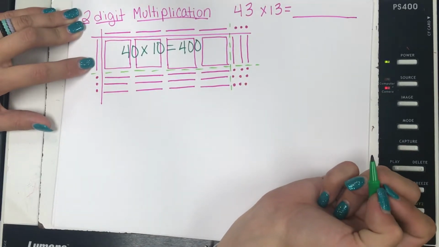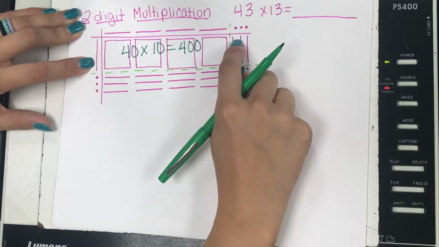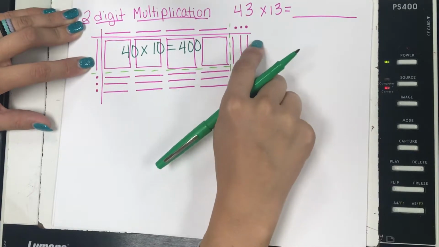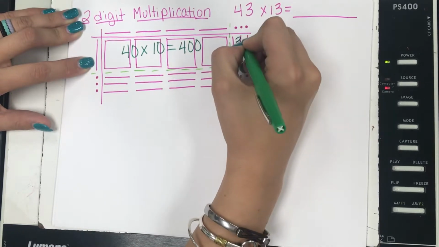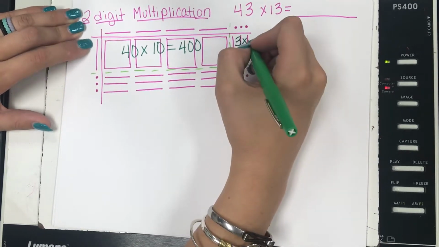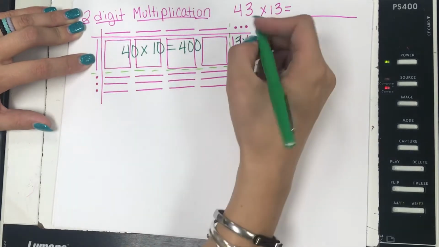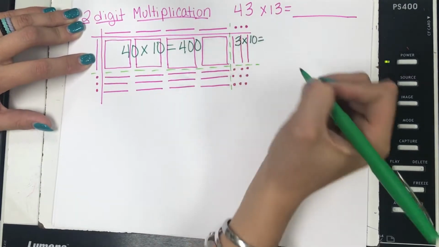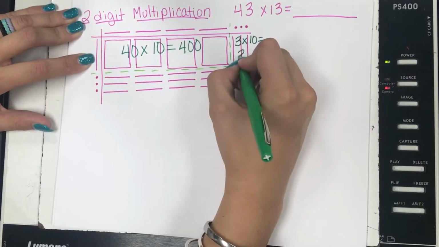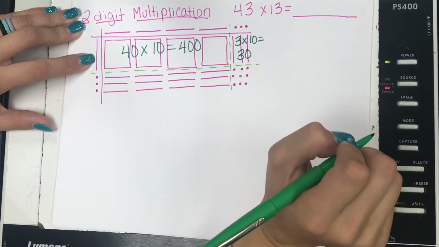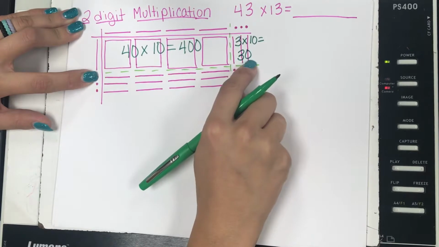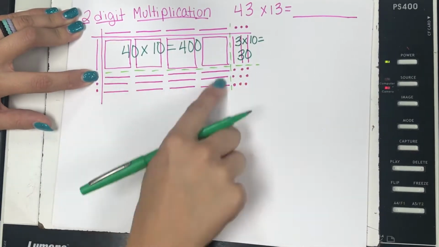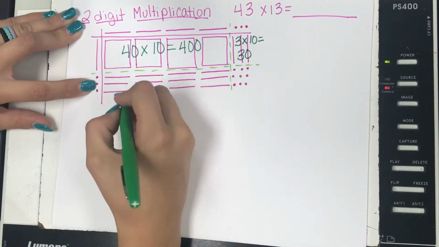You with me? Okay. Now, this next part that's to the right of it, how many along the top? 3 times how many down the side? 10. What's 3 times 10? 30. Okay. Is that what I got in my picture? 10, 20, 30, right? All right, so now let's look at this next piece.